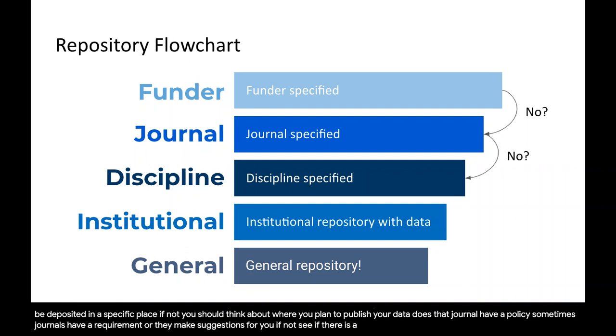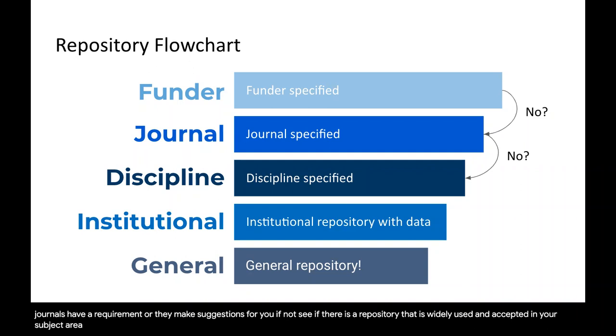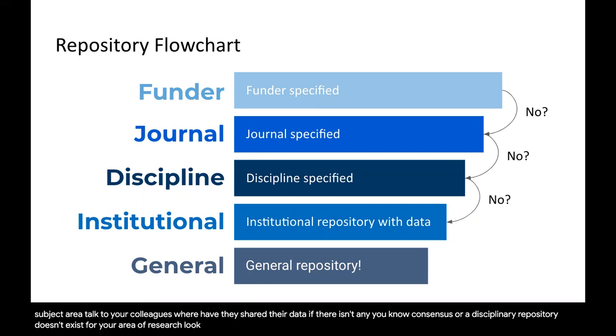see if there is a repository that is widely used and accepted in your subject area. Talk to your colleagues. Where have they shared their data? If there isn't any consensus, or a disciplinary repository doesn't exist for your area of research, look to see if your institution has an institutional repository that supports data sharing.